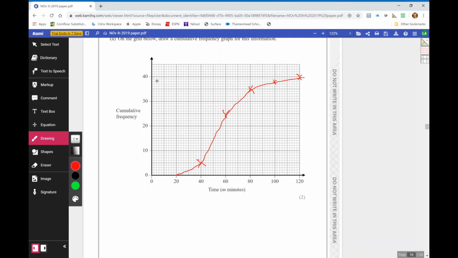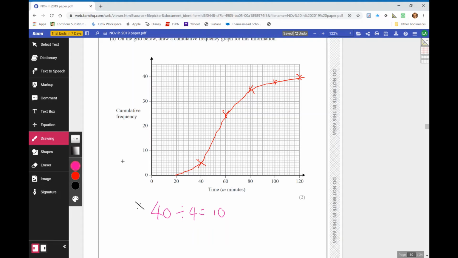Now quartiles, you're basically splitting the cumulative into 4. It's 4 quarters. So you'd get a line, and the first quarter, 40 divided by 4. Sorry. 40 divided by 4 is 10. So our first quarter is 10.